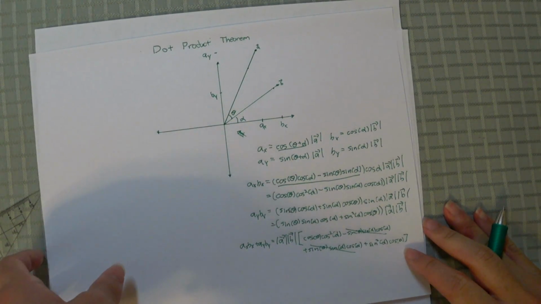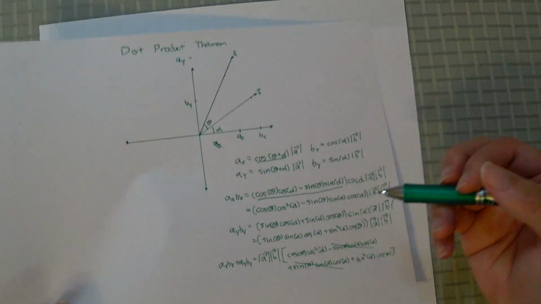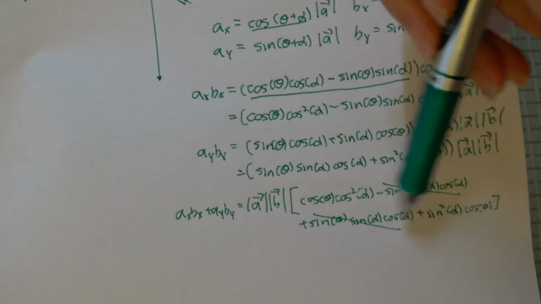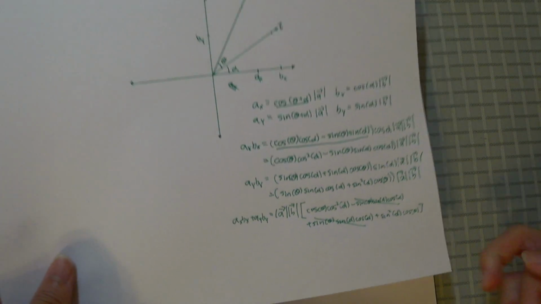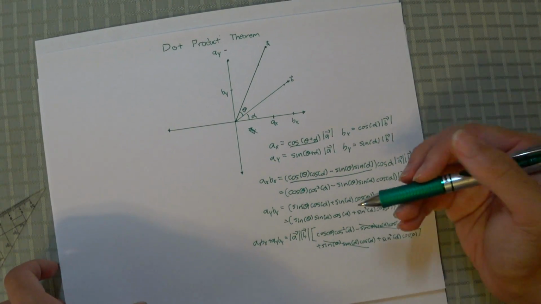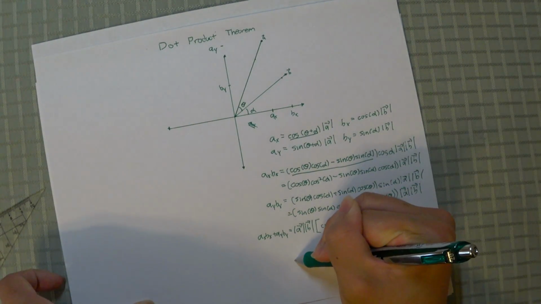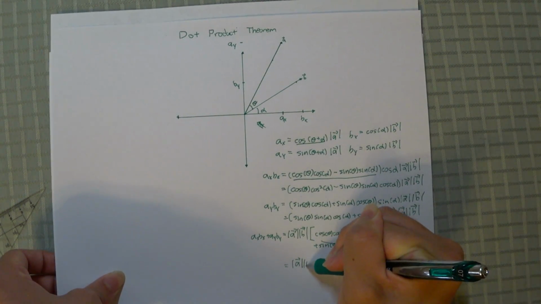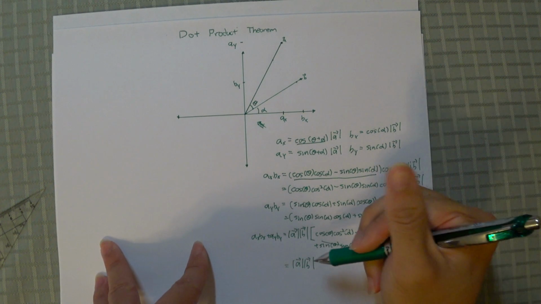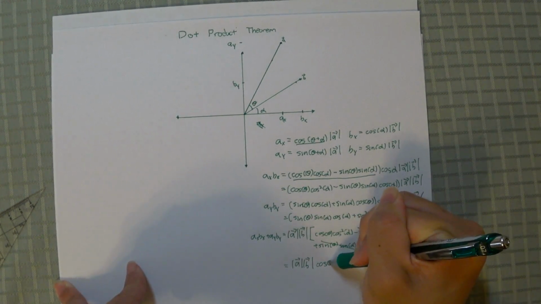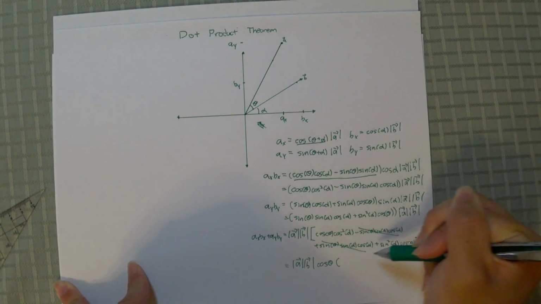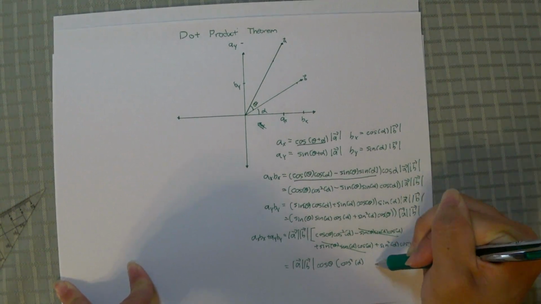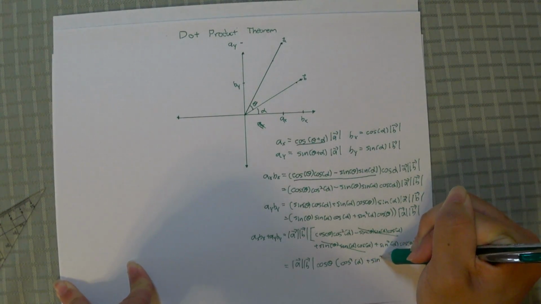And we also see that there's a cosine theta term both here and here. So let's distribute that out. So we get that this equals the magnitude of vector A times the magnitude of vector B times cosine theta times cosine squared alpha plus sine squared alpha.